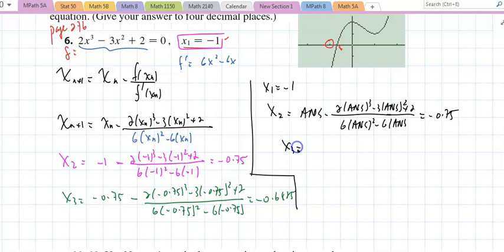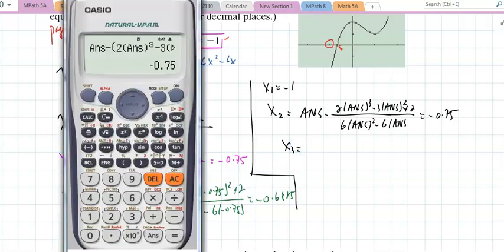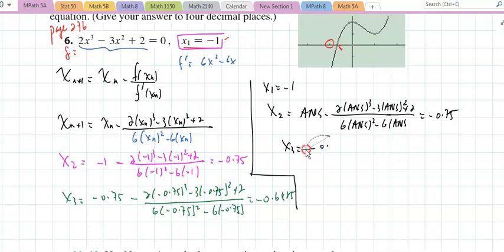To get x sub 3, guess what? Do you know what's going to happen now? I'm going to go up and evaluate. And what am I going to get? Actually, let me copy that.